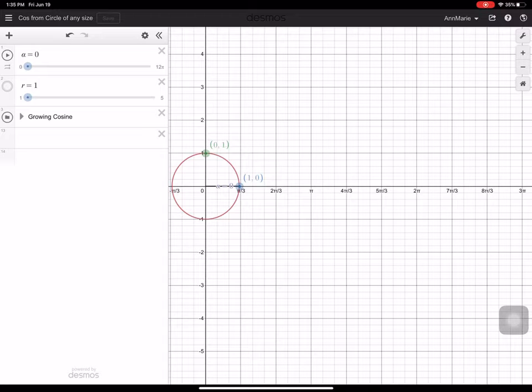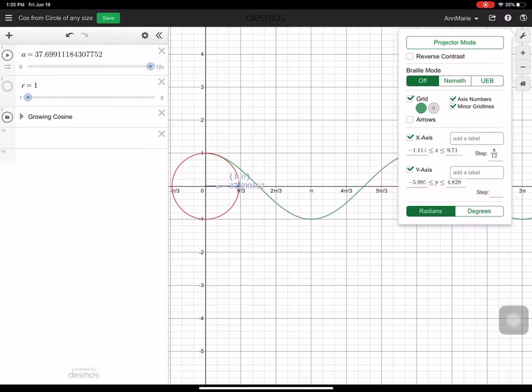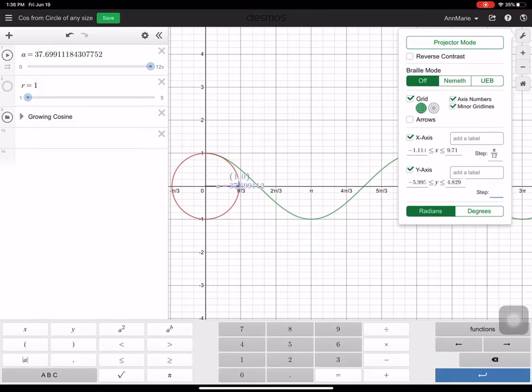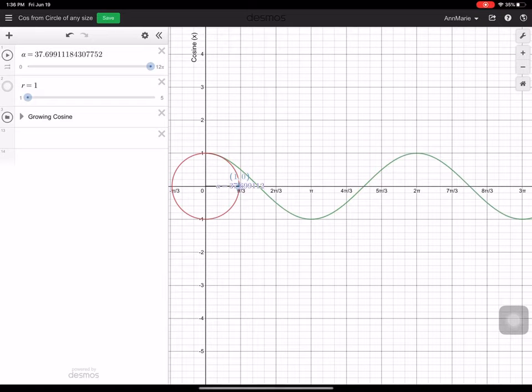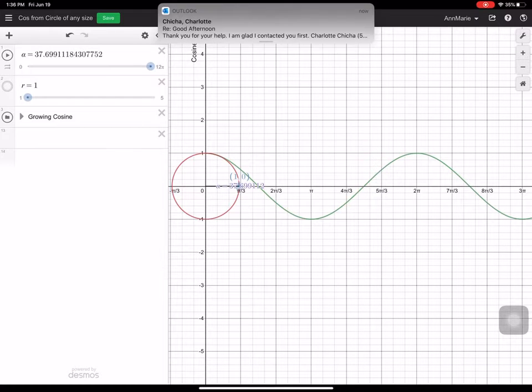As we go around that unit circle, I'm graphing cosine still, so we get that curve that we would expect. I just put a label on our y-axis to remind us that we're graphing cosine.